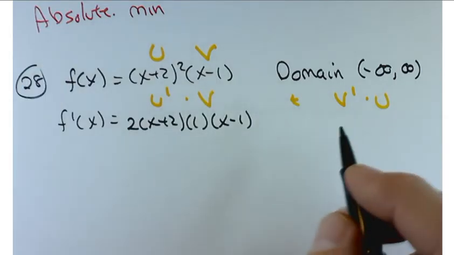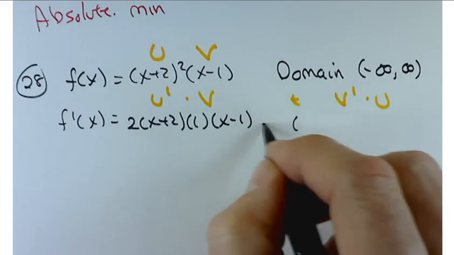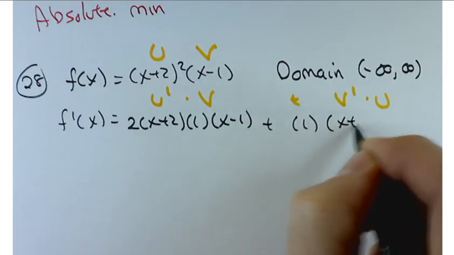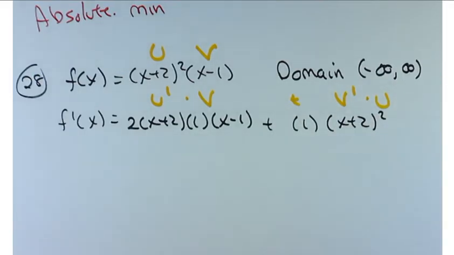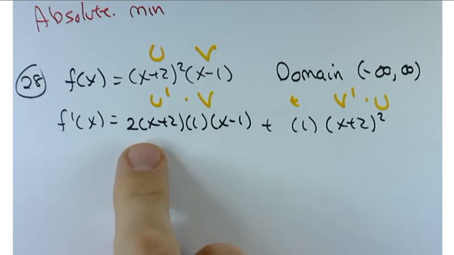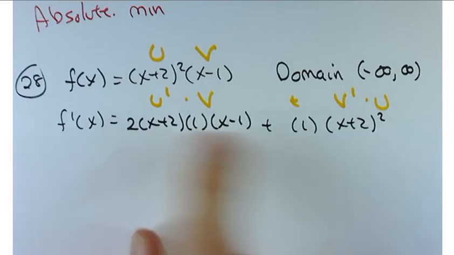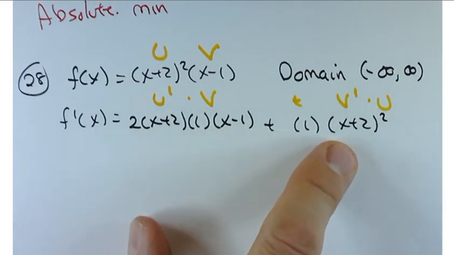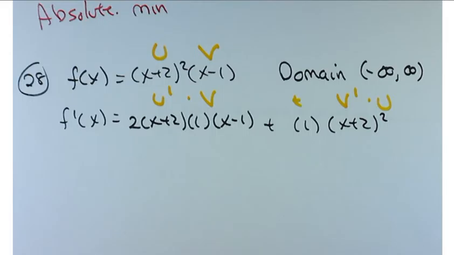Now here's the important part. We're going to need to eventually factor this and set this equal to 0. So rather than distribute this, FOIL it out, etc., the trick that you want to use here is to factor out the greatest common factor. There's an x plus 2 term that's part of both of these.